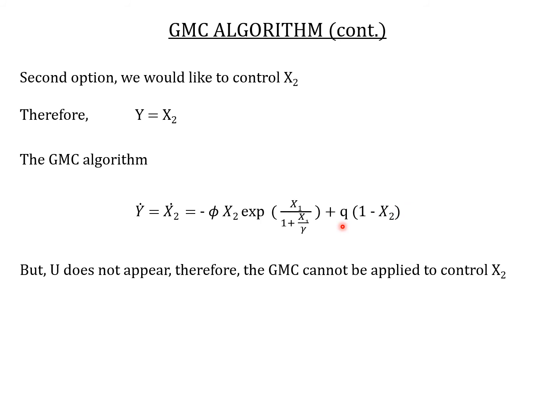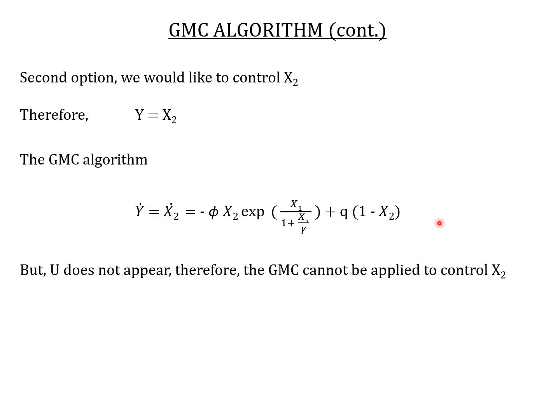Okay, so if the u does not appear, that means the GMC cannot be applied in this case to control the x2. The GMC can be used to control the x1, but it cannot be used to control the x2 because there's no direct explicit formulation between the output and the u, or the differentiated output y dot, which equals x2 dot.